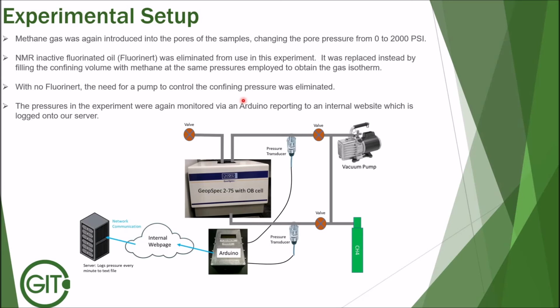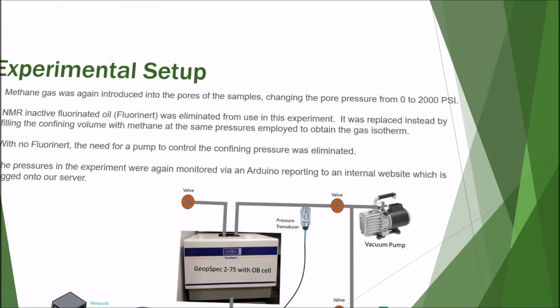As a result of no fluoriner, however, we didn't need to have a pump to control the confining fluid, so you can see we eliminated the confining fluid pump here. But again, the pressures were important to this experiment, so we continued to log them with our Arduino-based data acquisition system and a program running on our server which logged the pressures.